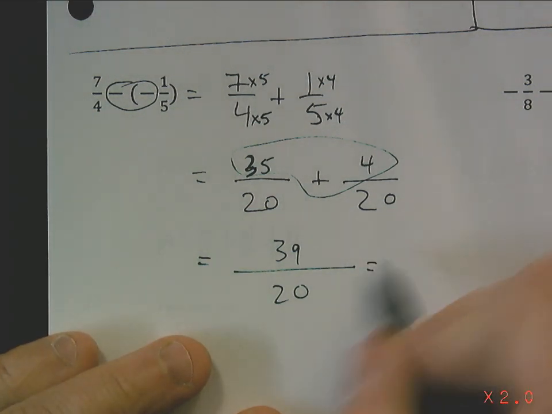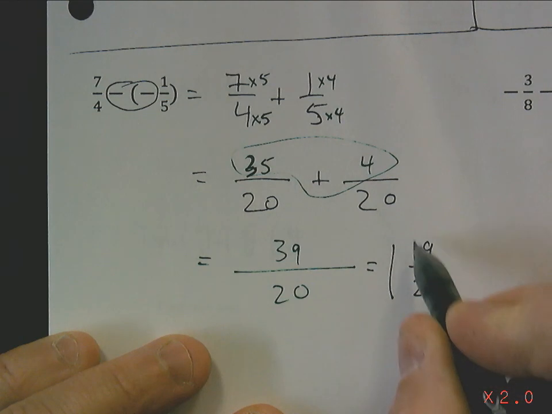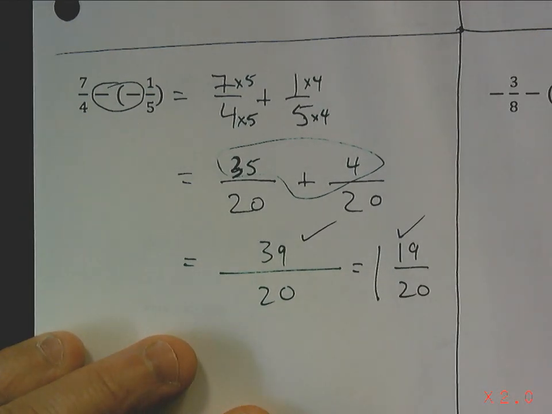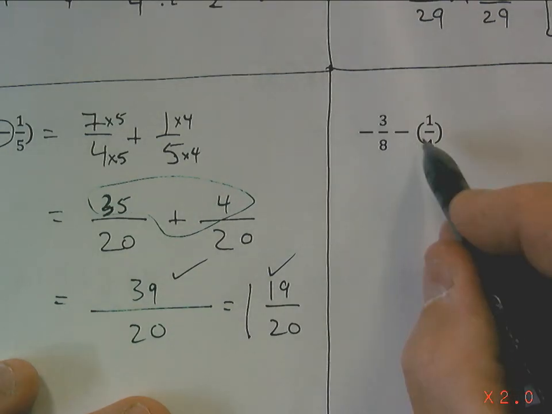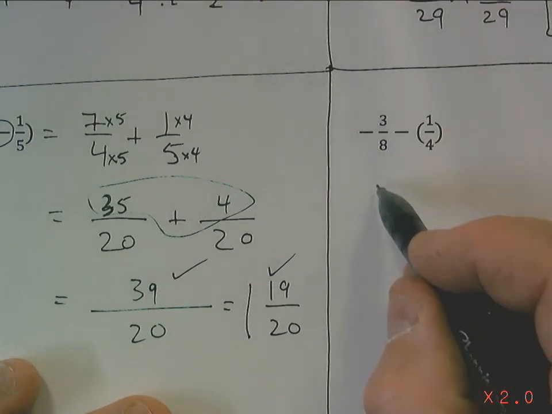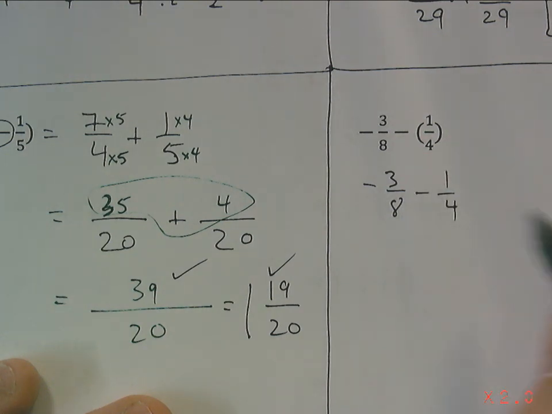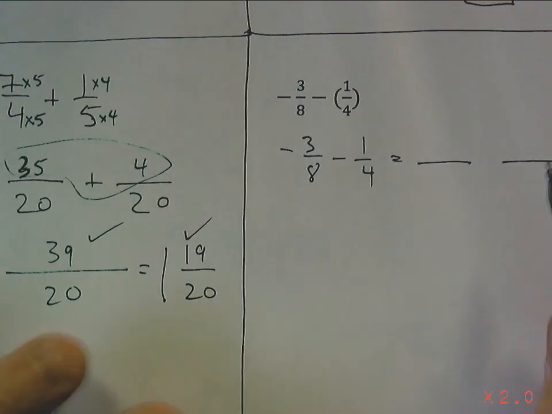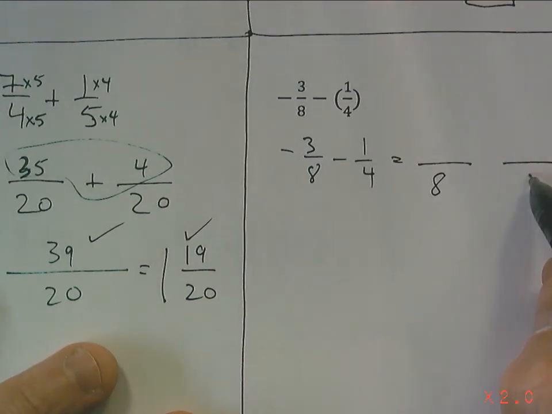I could go and say 20 goes into 39 once with 19 remainder and put it into mixed form. Both are correct. Boom. Next little turkey. Right away, I don't like the brackets. I would probably rewrite it without the brackets personally. Next thing I would do, I would check the Bentley rule. 8, biggest number. Does 4 go into 8? Yes. Ding, ding, ding.